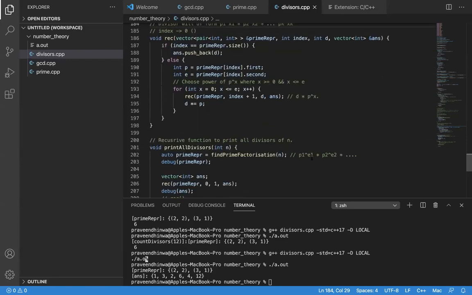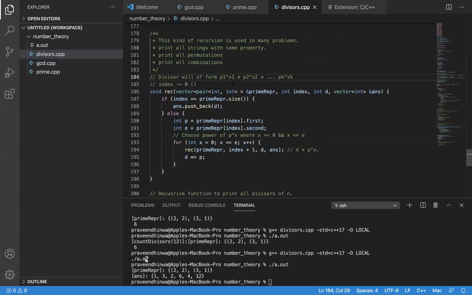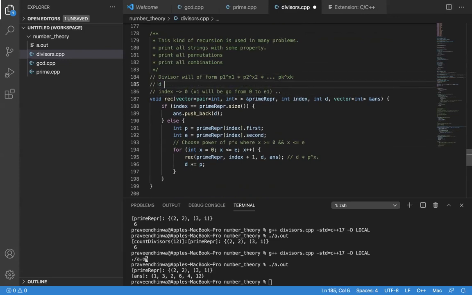If your prime representation is p1 power e1, then x1 cannot be greater than e1. Suppose initially your divisor is d equal to 1. You will multiply d by p1 power x1, where x1 goes from 0 to e1.